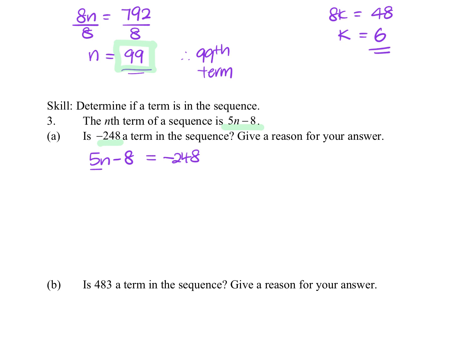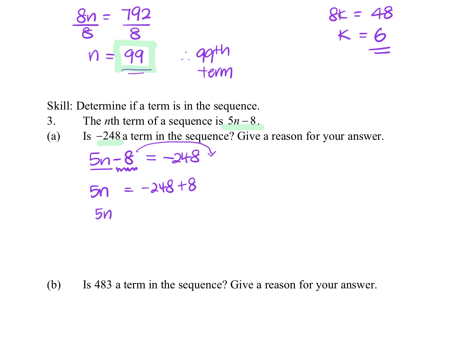So 5n over here is tied together, cannot do anything to it yet. We have the outermost enemy, negative 8. So we shall remove this by doing the opposite operation. So for negative 248, instead of subtraction, we'll do addition. So I added 8. Negative 248 plus 8 will give me negative 240.